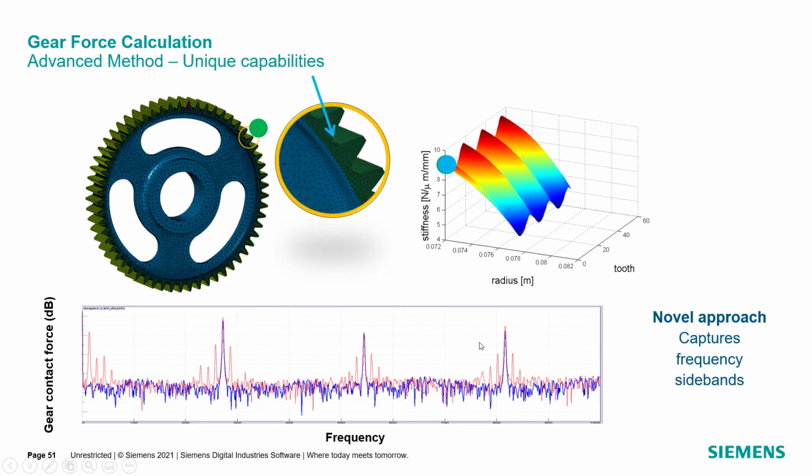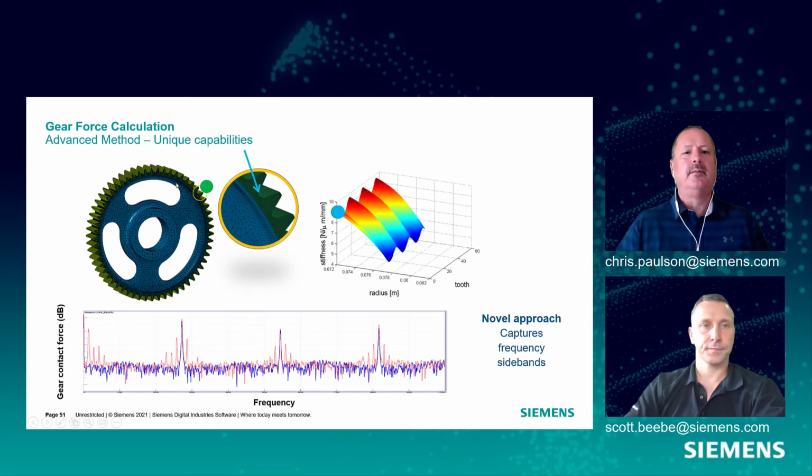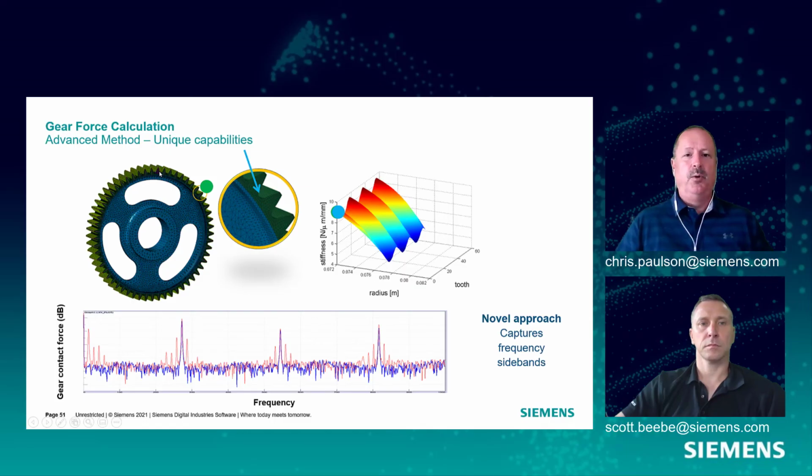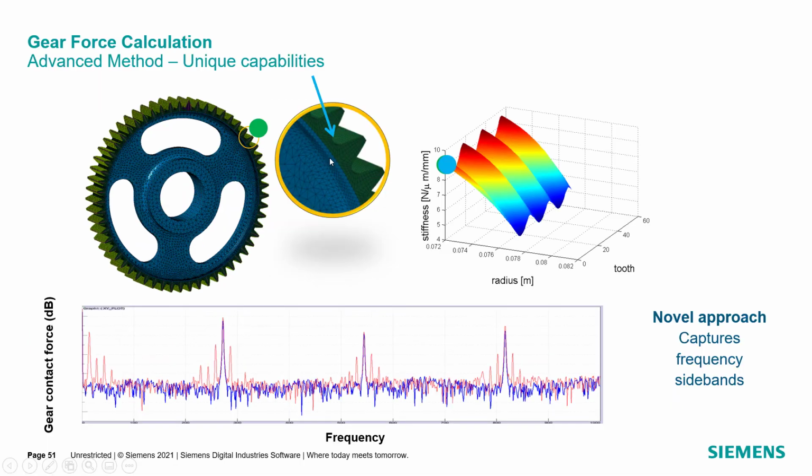And why do we want to do that? Because as you see in a lightened gear, the tooth stiffness of a tooth over a spoke is going to be stiffer than a tooth over a slot. Also, each tooth has its own variation that we've already talked about. It changes stiffness from the root to the tip, and we see those in our primary bands here, the gear mesh frequency.